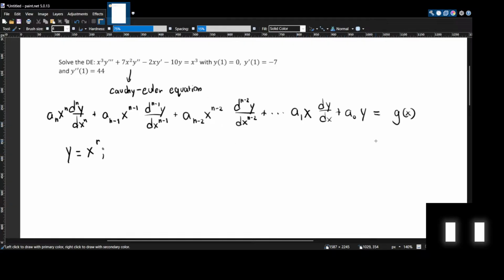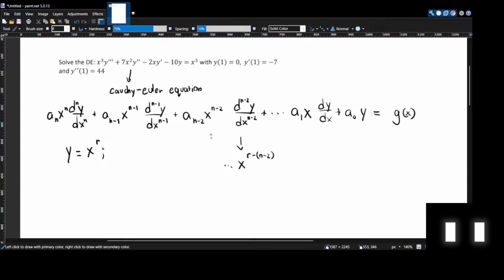Alright, so over here this is the n minus 2, the n minus second derivative of y, which means that this would be something with x to the power of r minus n minus 2.